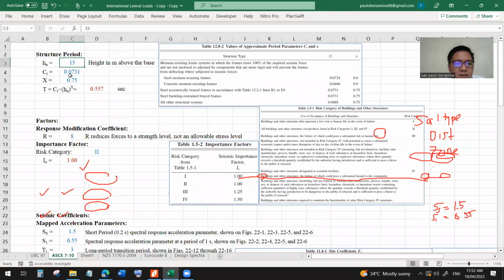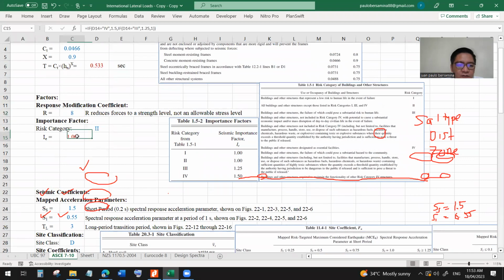Ano ba naman ito? Meters naman. Sige, 0.0466 natin. Ano naman? Okay, 0.5. Okay. Response. Sorry, R value pala. Sorry. Reduction factor, 8 as per IBC.